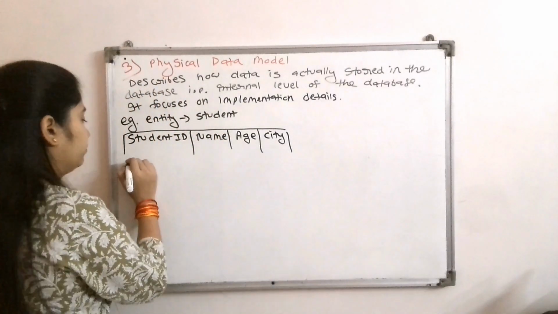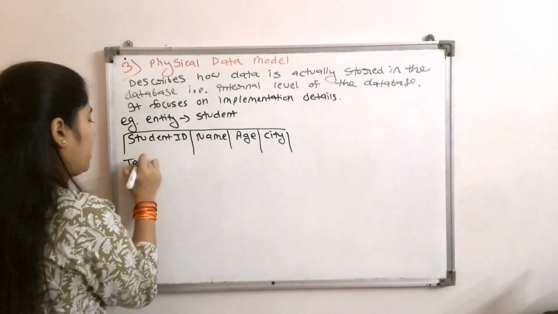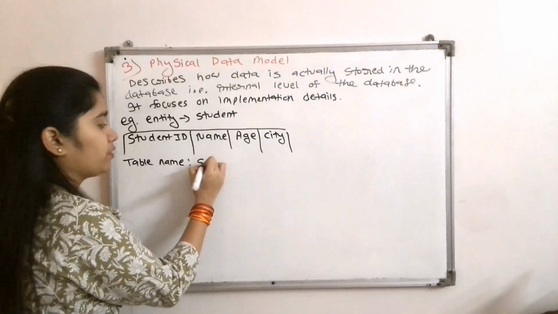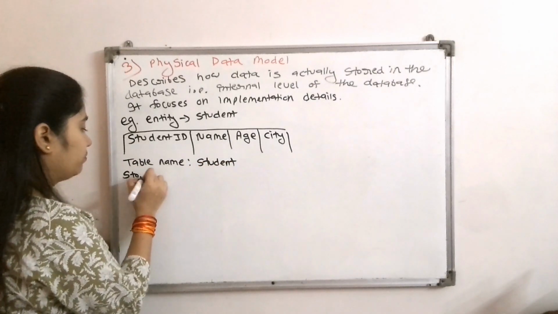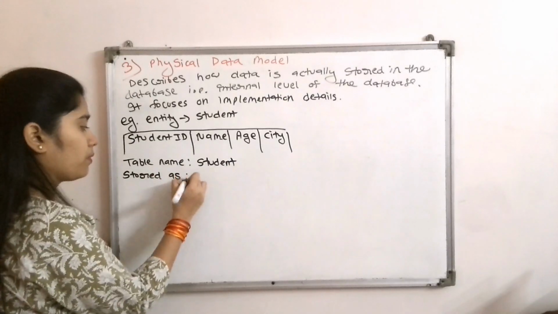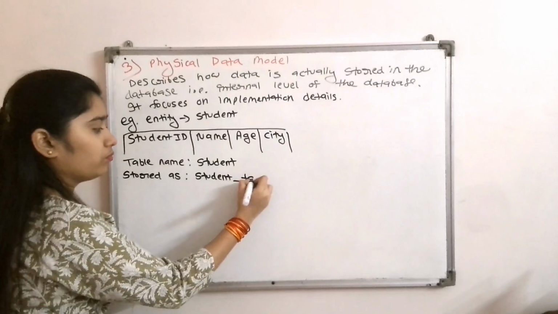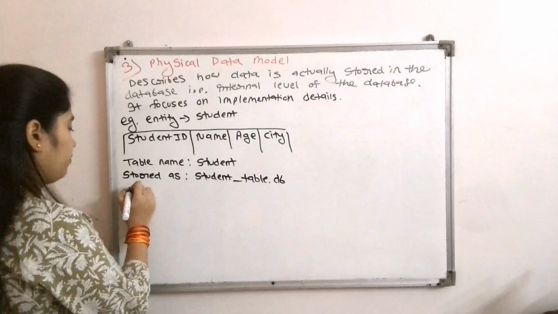Let's understand that. First of all, the details, like the table name. The table name is student. Suppose it is stored as student_table.db.